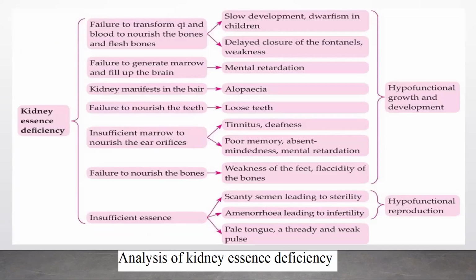Failure to generate marrow and fill up the brain, there is mental retardation. Kidney manifests in the hair, there is alopecia. Failure to nourish the teeth, there are loose teeth. Insufficient marrow to nourish the ear orifices, there is tinnitus, deafness, poor memory, absent-mindedness, mental retardation.